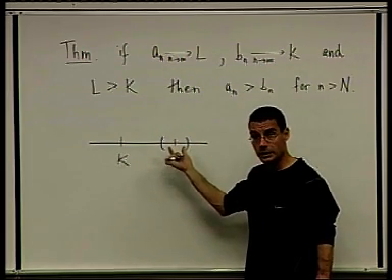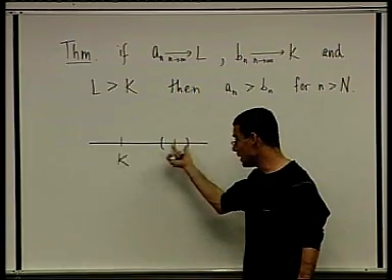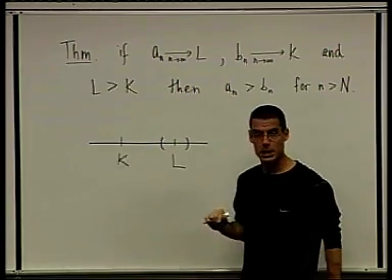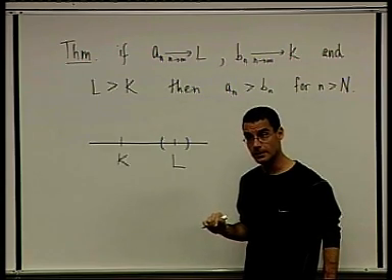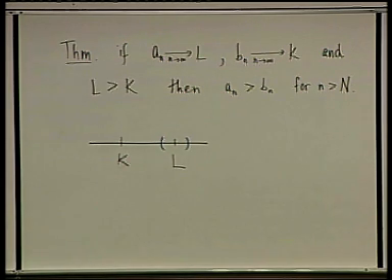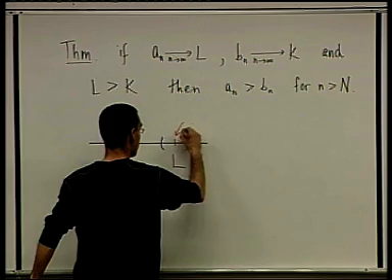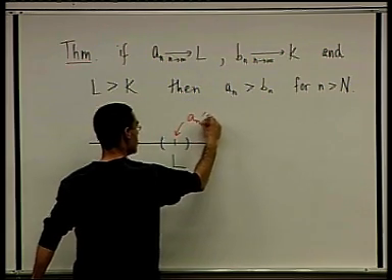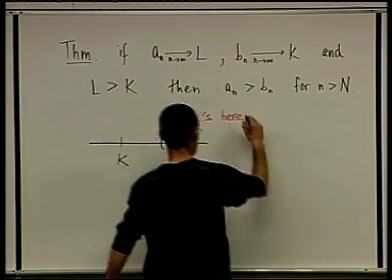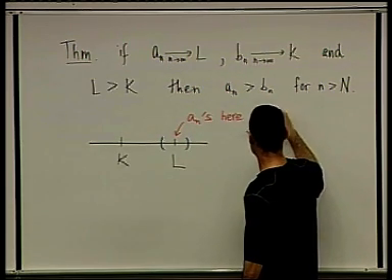Take epsilon. If you go far enough in the indices, all the elements, their distance from L is going to be less than epsilon. Do you agree? So from a certain point onwards, all the a_n's are going to be here, eventually.